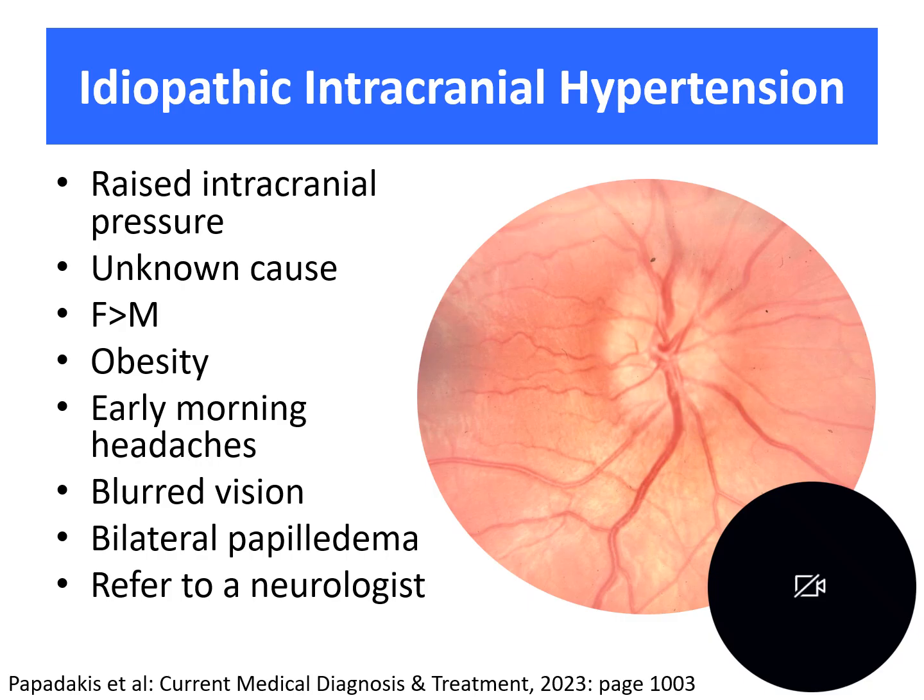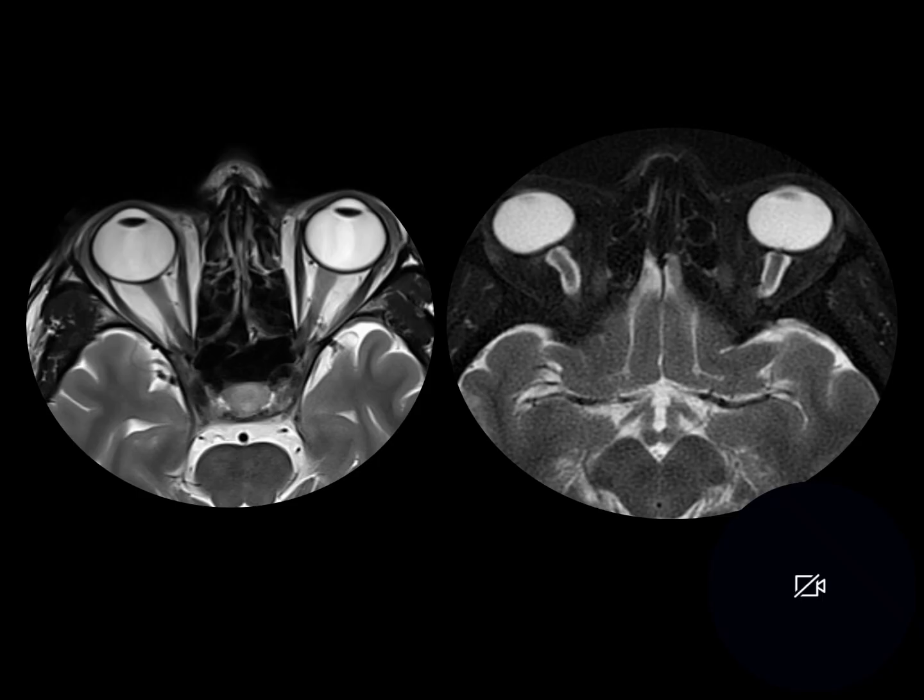This problem is caused by something inside the skull that is causing the pressure in the CSF that surrounds the brain to become increased. When you send this patient to the neurologist, he is most likely to order a CT scan or an MRI of the brain.